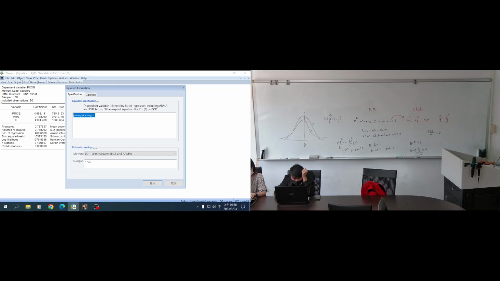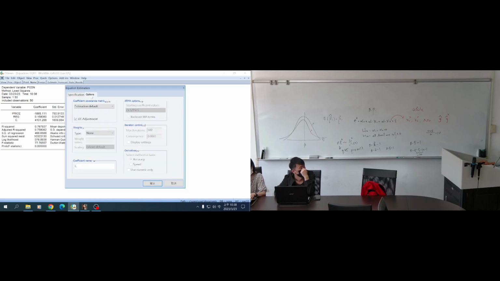But look at some functions. I have options. Did you see that? If I'm using the estimation default, it means I don't do any corrections. Here you can pull it down. Then there's one called White.